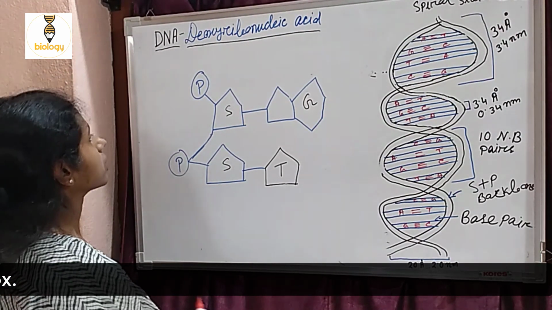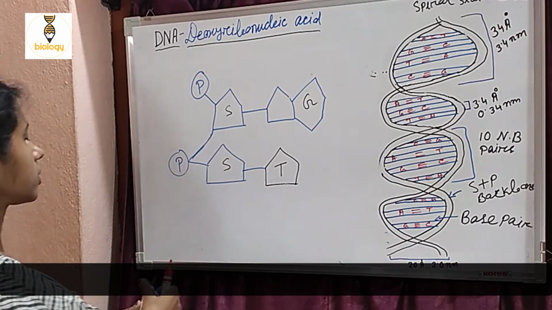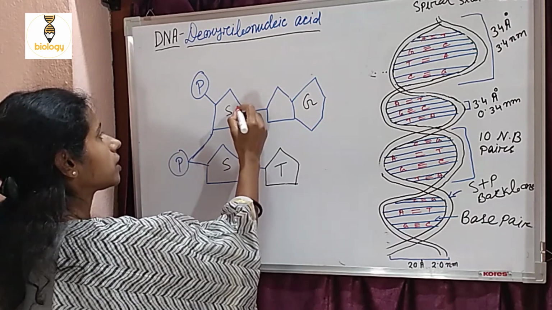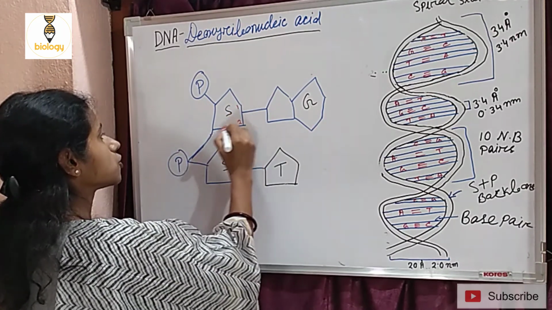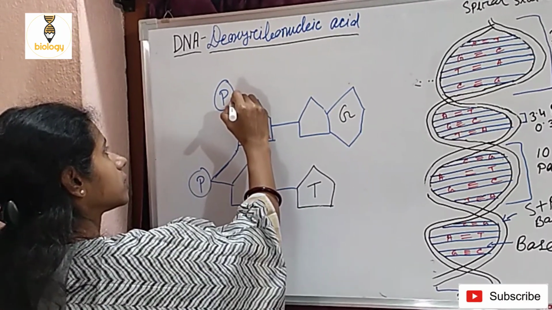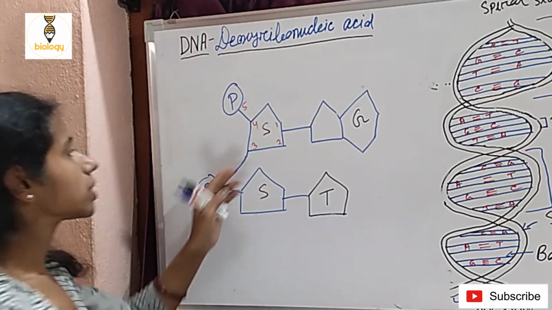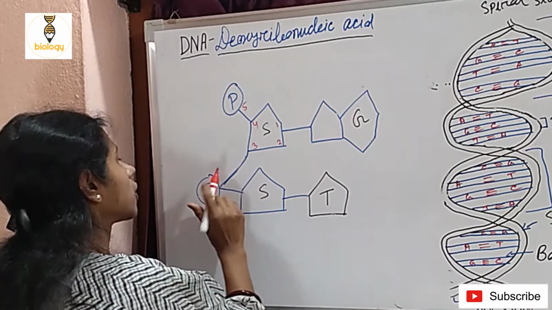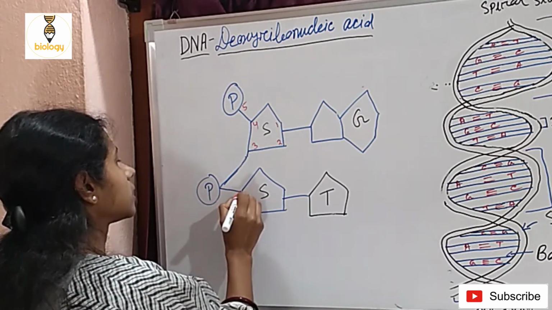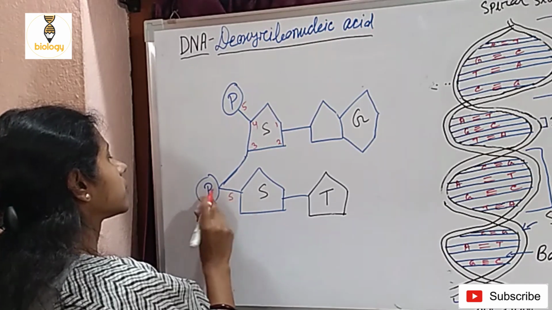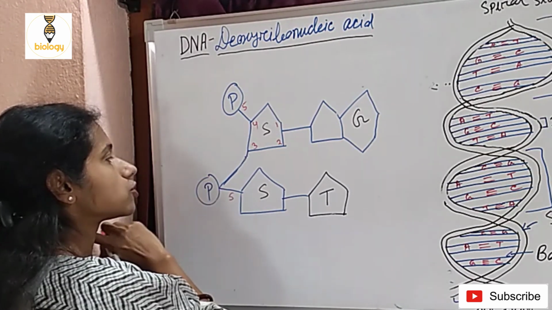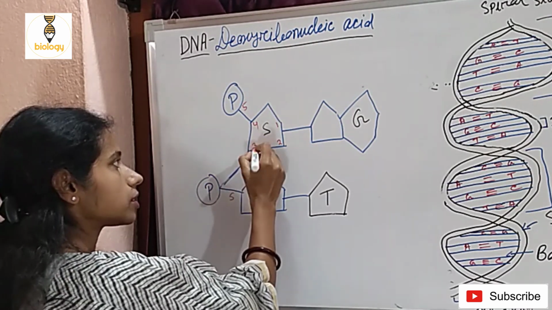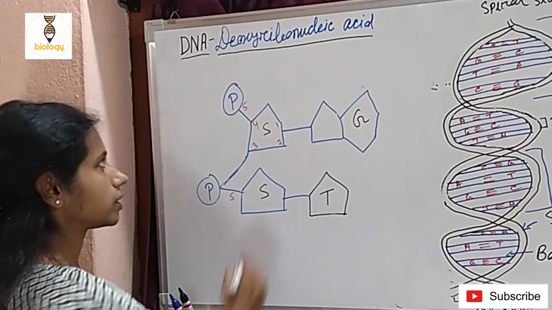So in this case we can see how it is joined. This is a 5 carbon sugar. Okay, if we go clockwise 1, 2, 3, 4. This is another bond. You can see the 3rd carbon is joined with the phosphate, and in this case 1 phosphate group actually joined with 2 sugars. 2 sugar carbons means one is 3rd, another one is 5th.